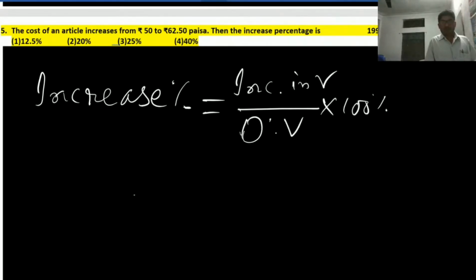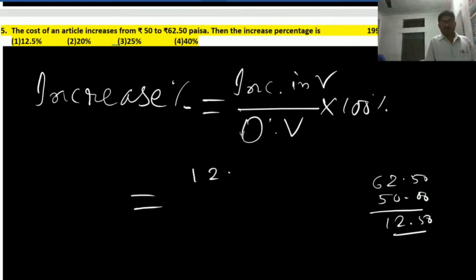So increase in value: how much is it increasing from 50 to 62 rupees 50 paise? 62 rupees 50 paise minus 50, so we get 12 rupees 50 paise. So 12 rupees 50 paise by original value 50 rupees into 100 percentage.